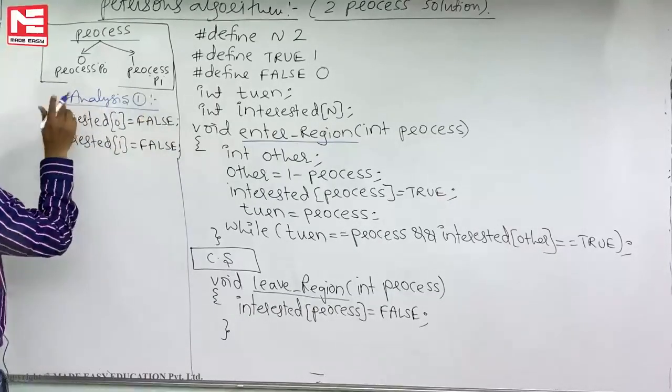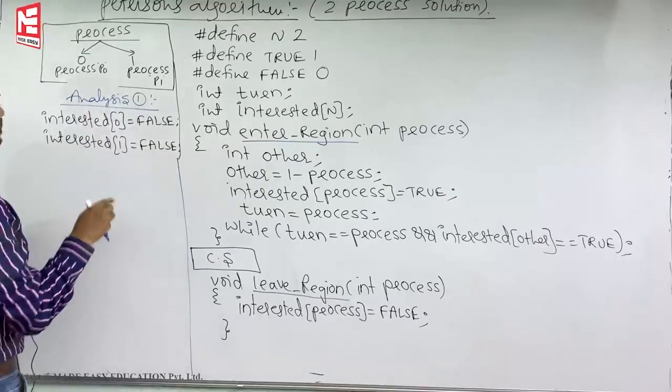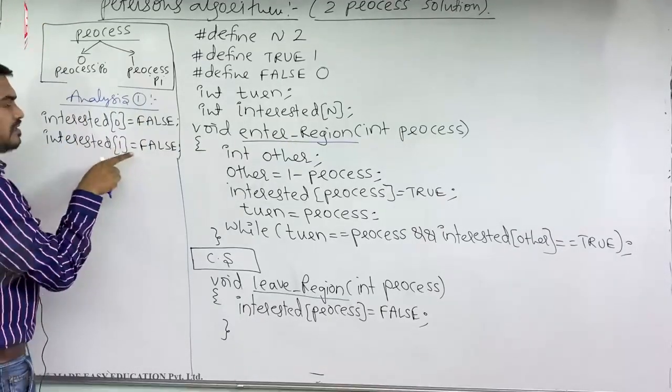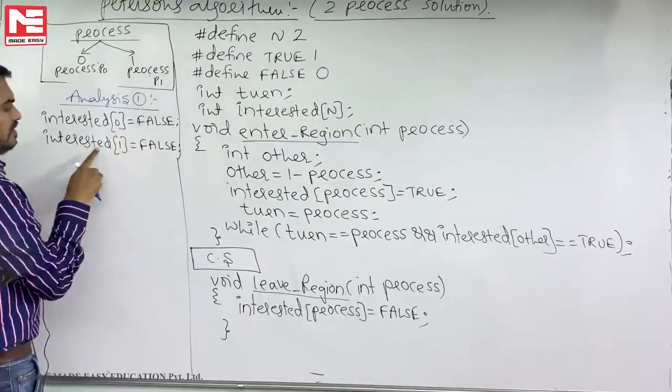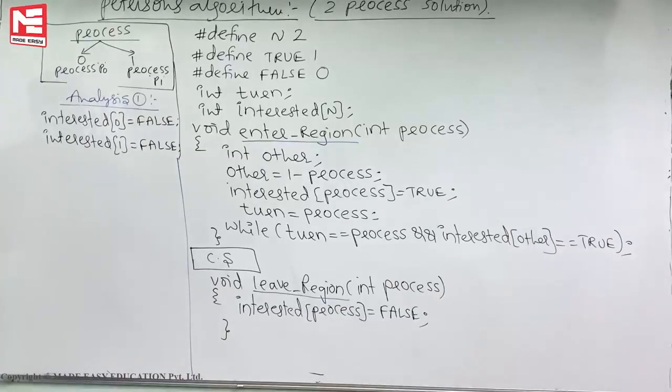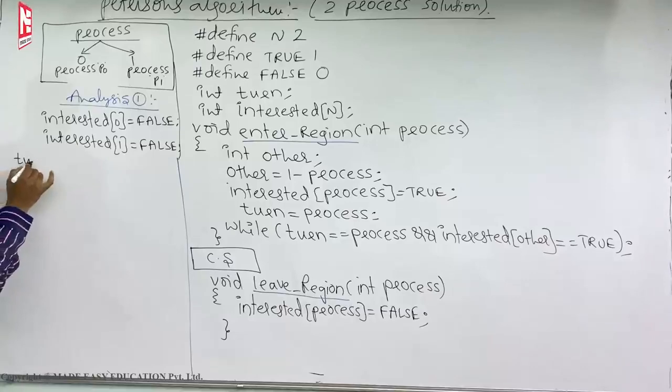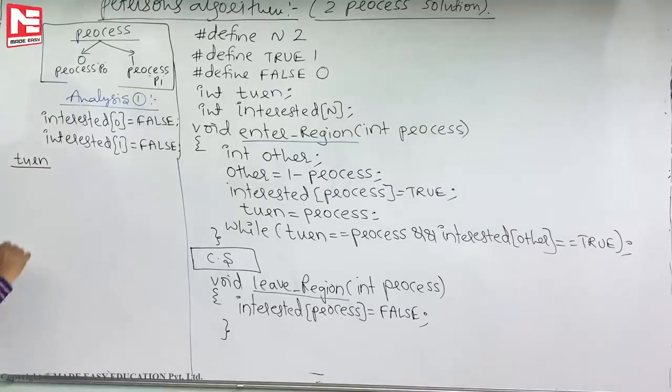Just take it as analysis 1. We will do 2 analyses. Copy this: interest of 0 false, interest of 1 false. Copy this inside analysis 1. And next I am writing here turn. There is no value in the turn initially.